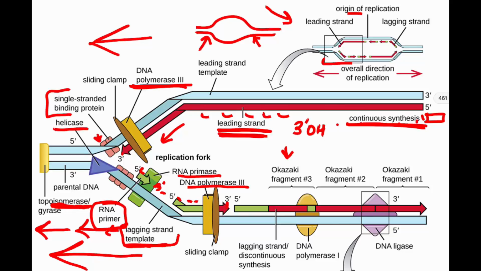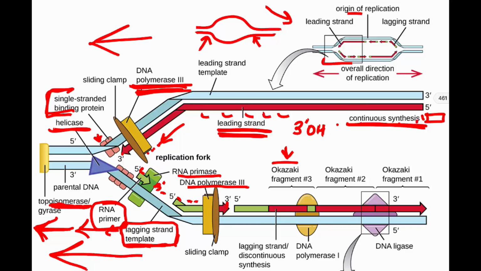This DNA polymerase on the leading strand is able to keep going as our topoisomerase II goes to the left and unwinds the next part, as our helicase moves to the left and unzips the next piece, and as our single-stranded binding proteins move to the left and hold it open. On our lagging strand, however, we have these Okazaki fragments.